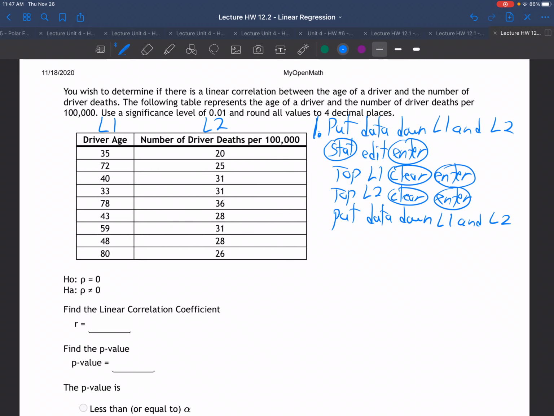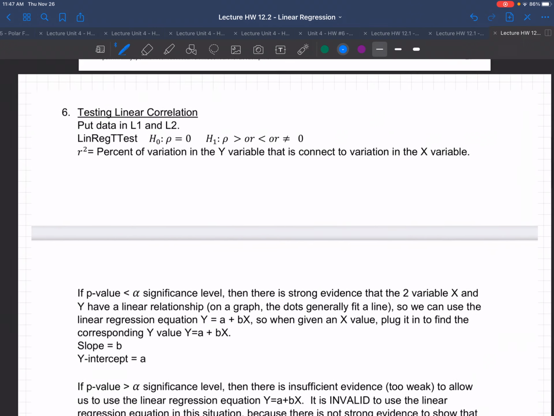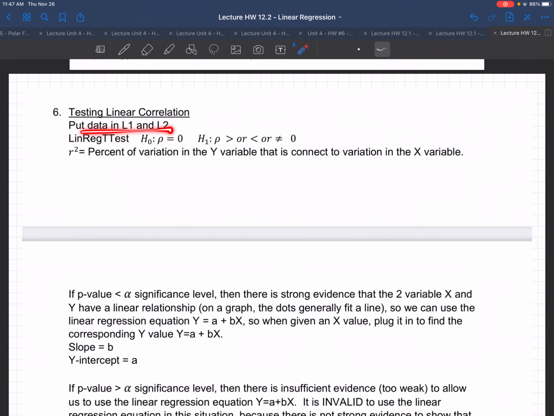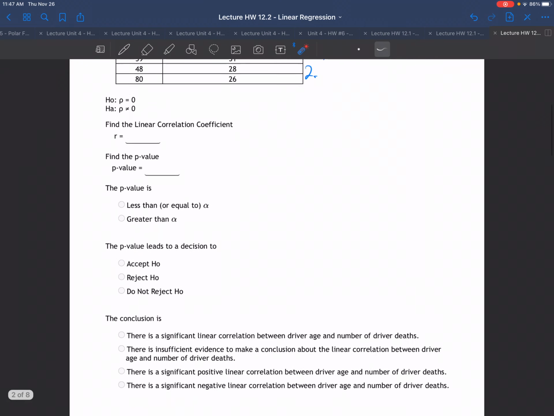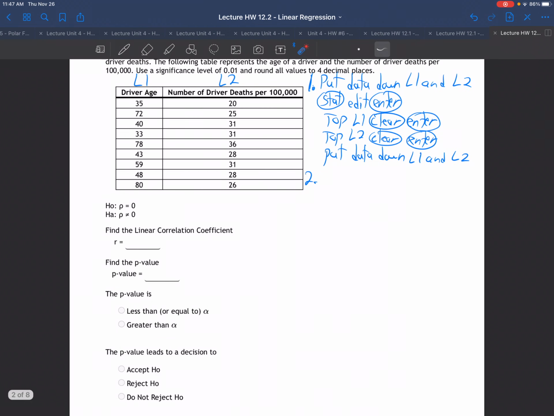Once you've got that in place, step number 2, that's what it says right here in the notes. Put the data down in L1 and L2, then go to the linear regression t-test. On your calculator, you press the Stat button, go over to Tests and go way down.